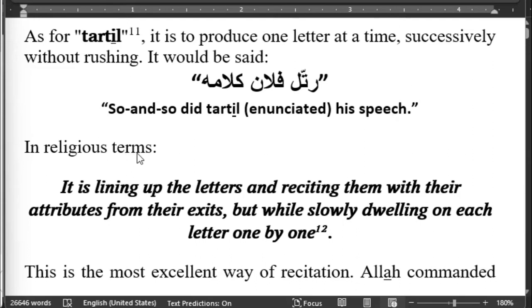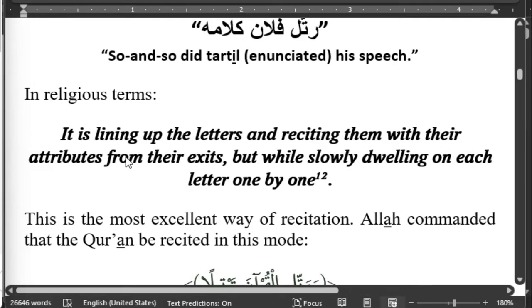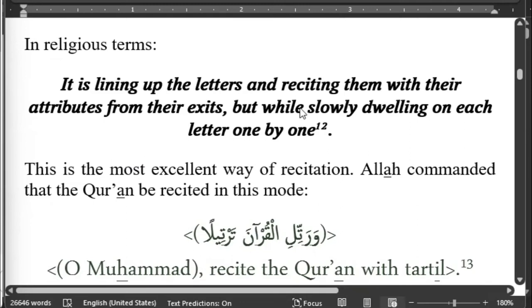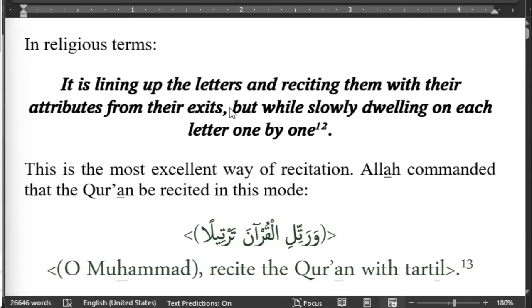In religious terms, what's tartil? It is lining up the letters and reciting them with their attributes from their exits, but while slowly dwelling on each letter one by one.